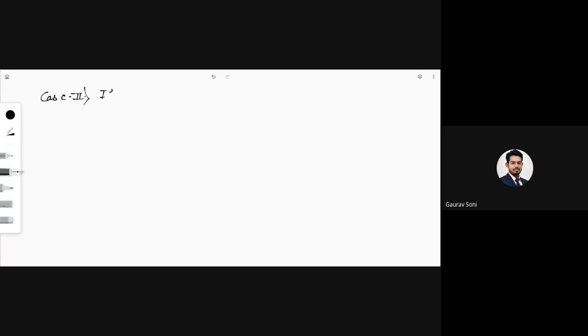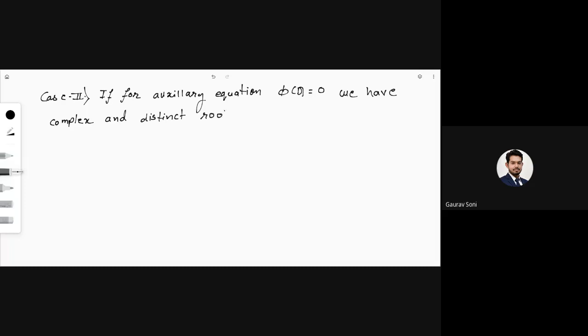If for the auxiliary equation phi of d is equal to 0, we have complex and distinct roots.